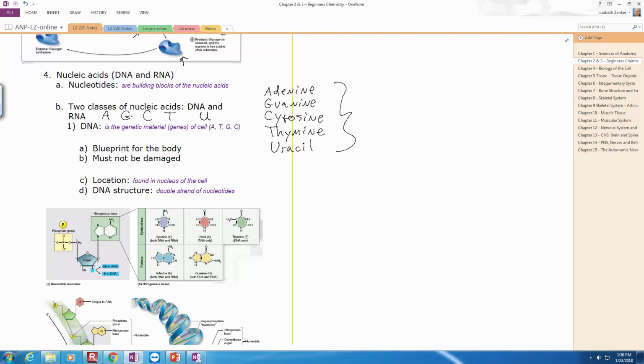We make RNA because we don't want to damage our DNA. So this is for safety purposes for one thing, right? And also DNA does not leave the nucleus. DNA stays in the nucleus, but RNA is made in the nucleus and then leaves the nucleus and will go out and find a ribosome. The ribosome will read the RNA.